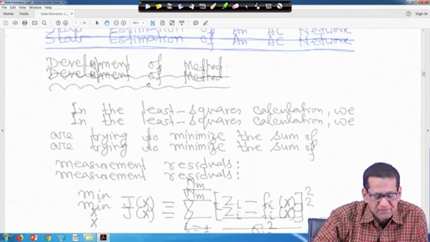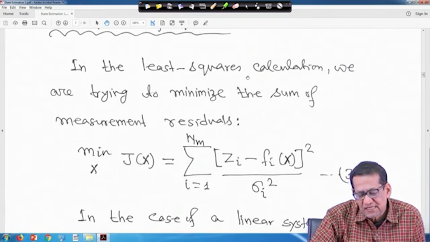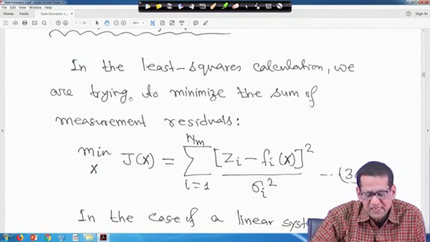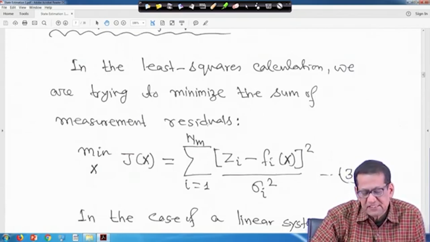In the least square calculation, we are trying to minimize the sum of the measurement residuals.